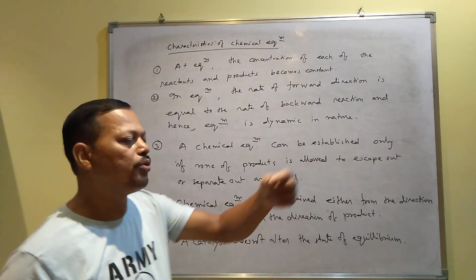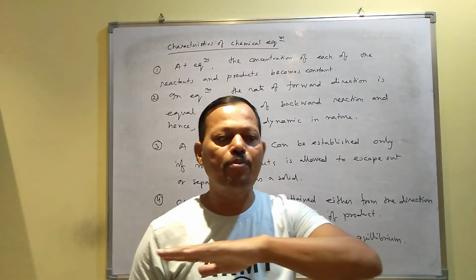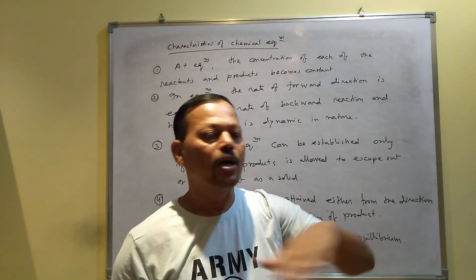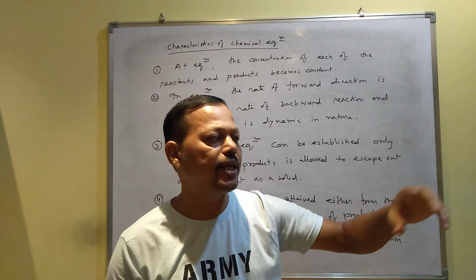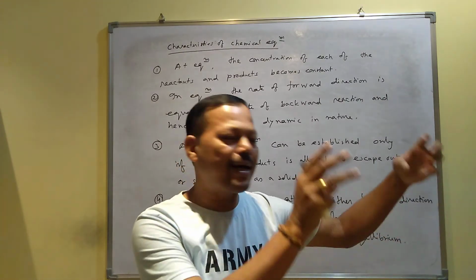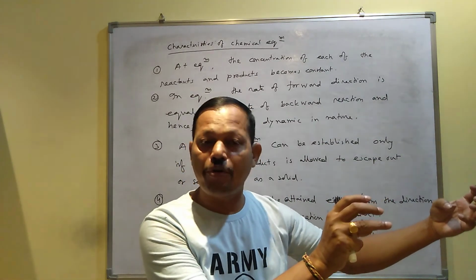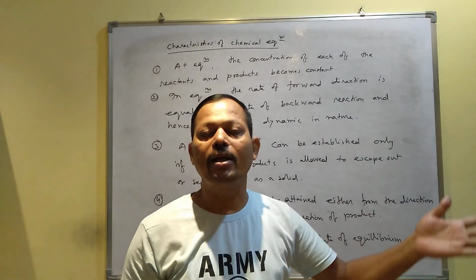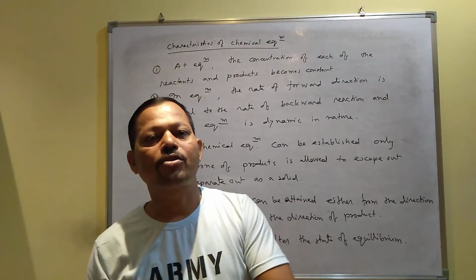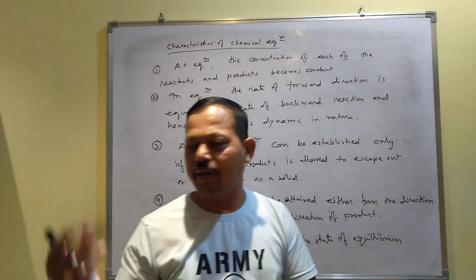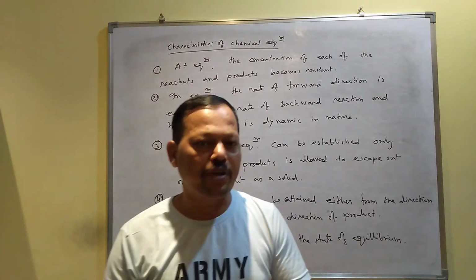Why? Because when you apply the catalyst, maybe the forward reaction goes on increasing. When the forward reaction goes on increasing, you will get more amount of products. As the amount of products goes on increasing, then automatically the backward direction also goes on increasing. Ultimately, the amount of reactant also goes on increasing.